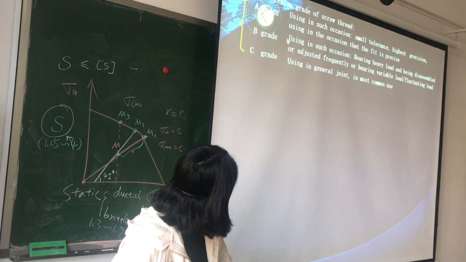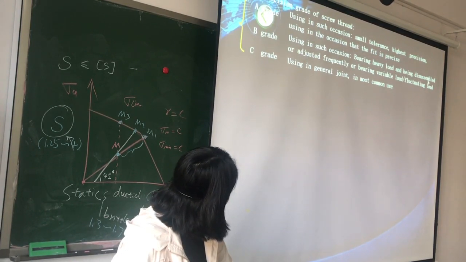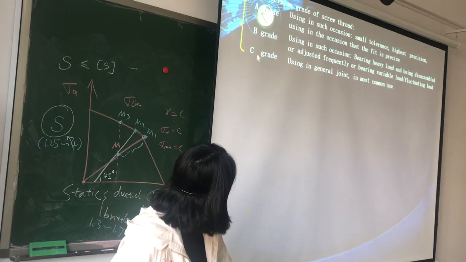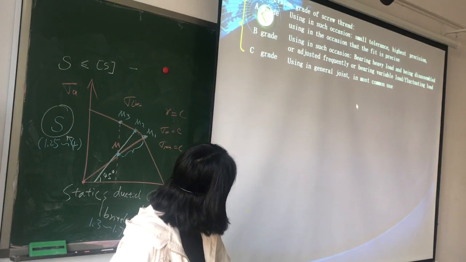B grade is for very heavy load and when disassembled or adjusted frequently, or very variable load. And C grade is in most common use.